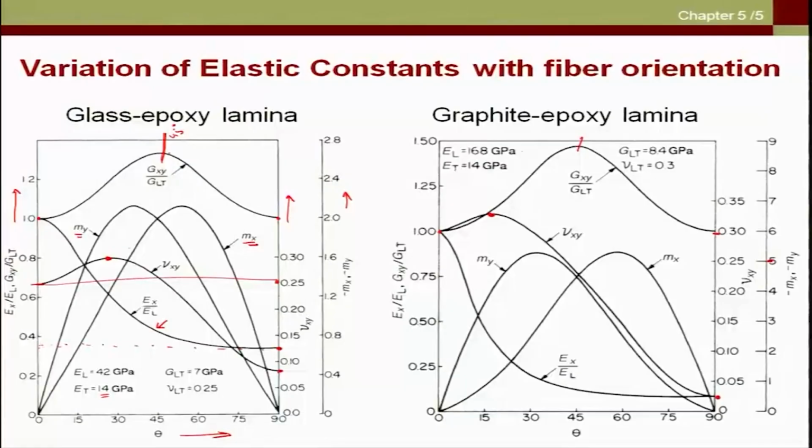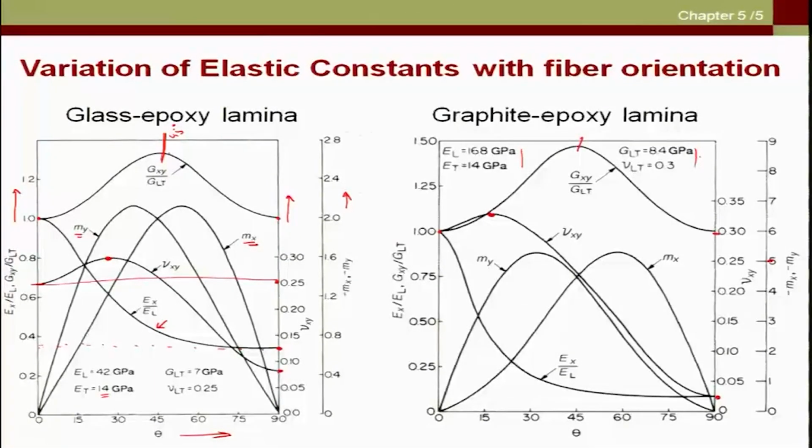Now, this is again dependent on actual material properties. For different glass epoxy lamina, these values may vary, but the point is that the maxima of nu xy need not be at 0 or 90.